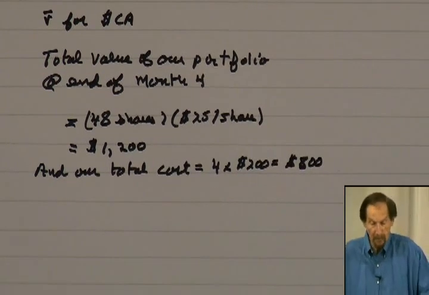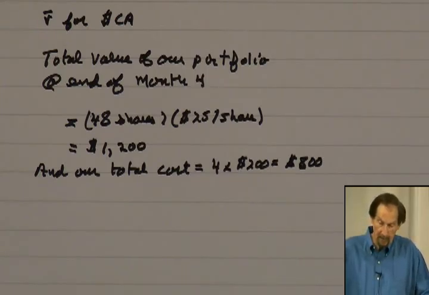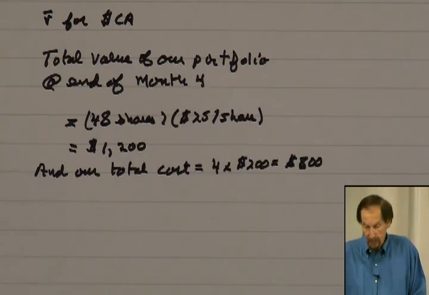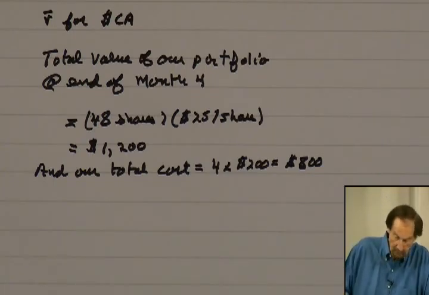The total cost is always easy to calculate for dollar cost averaging because you just multiply the number of periods by the amount you spend each period.